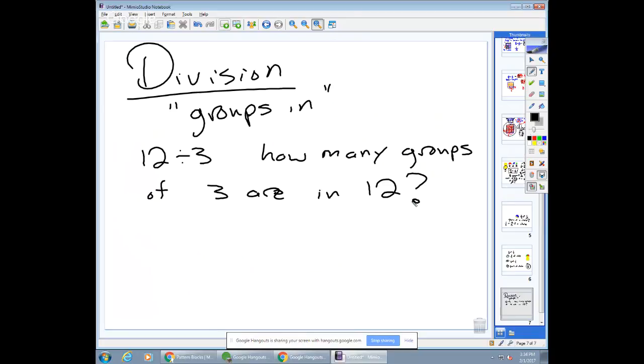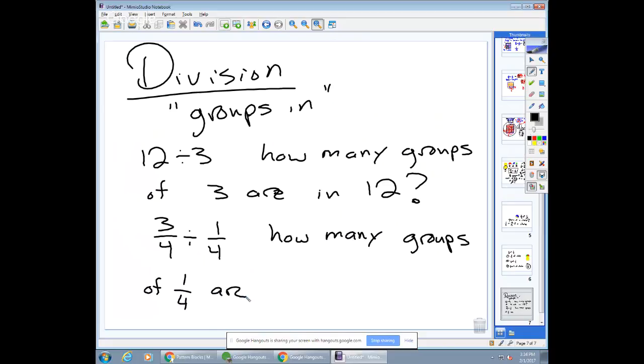Will that work with fractions? So suppose I had something like 3/4 divided by 1/4. The question here would then be, how many groups of 1/4 are in 3/4?